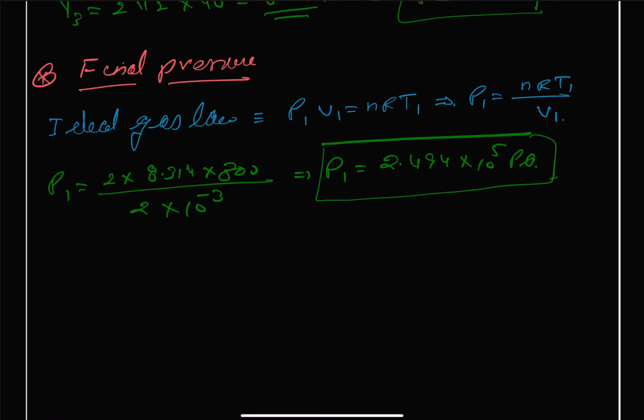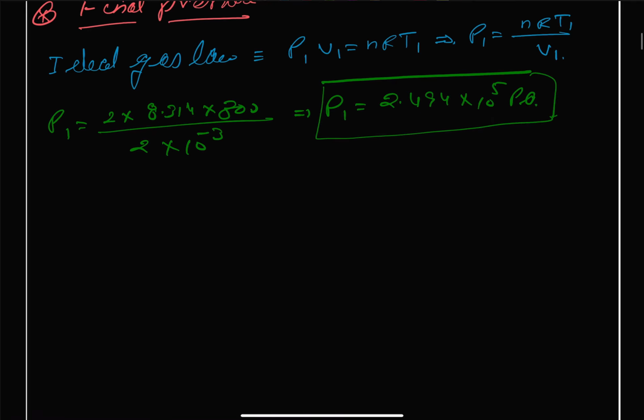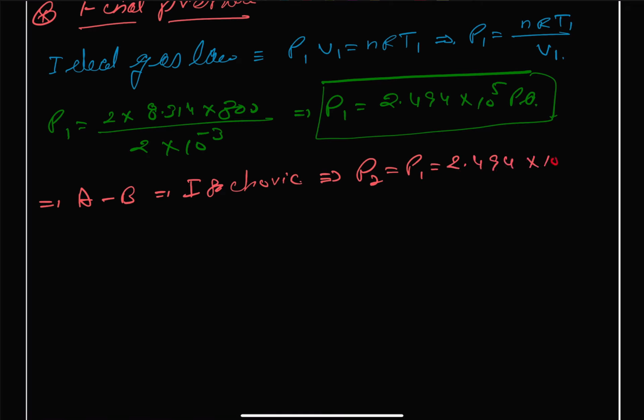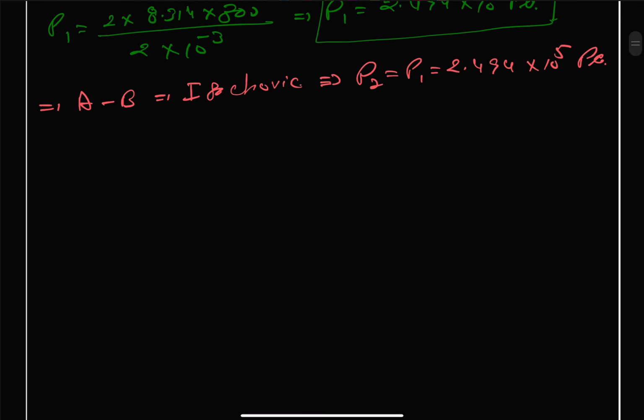Now from A to B it is isobaric, therefore the pressure is the same. So we can say P2 is equal to P1 is equal to 2.494 into 10 to the power 5 pascals. Now from B to C it is adiabatic.